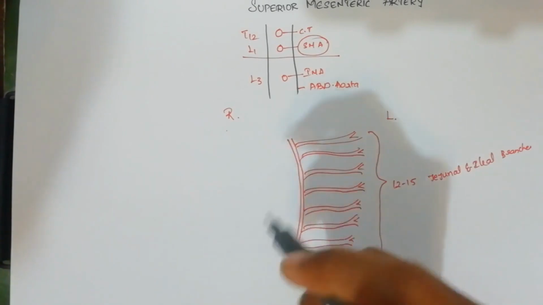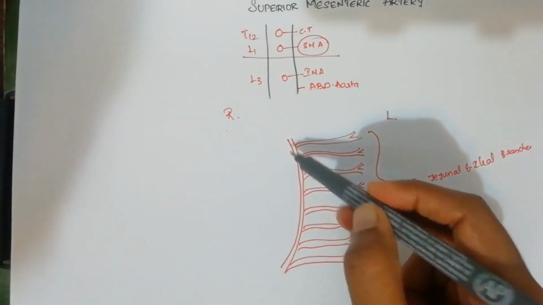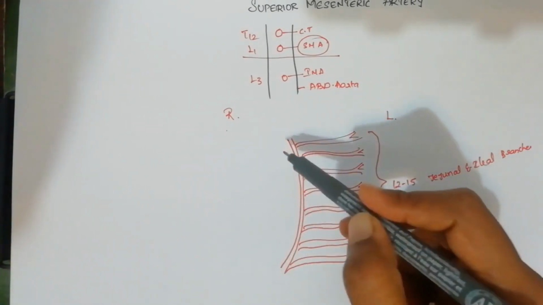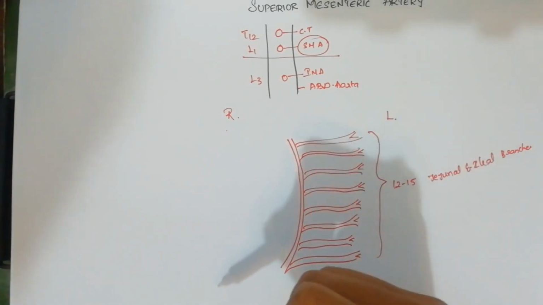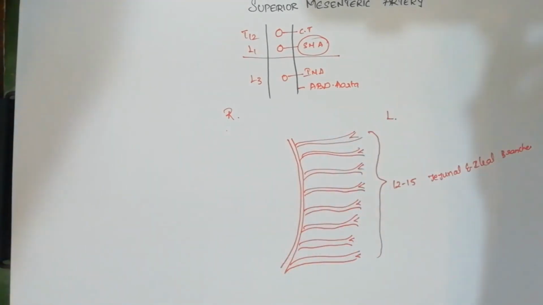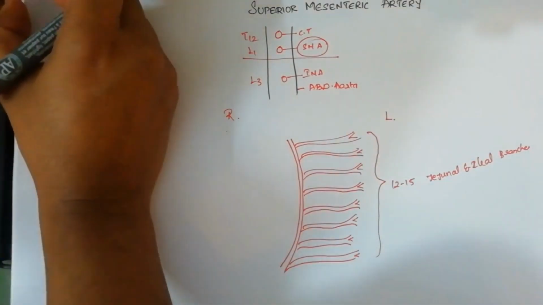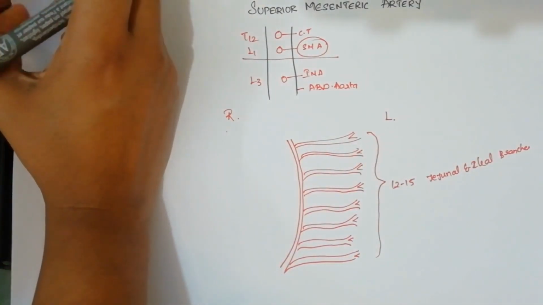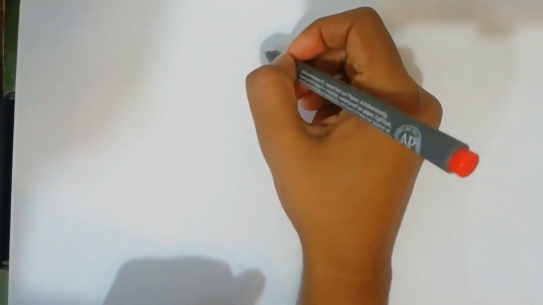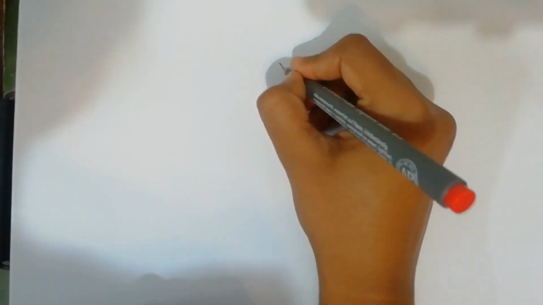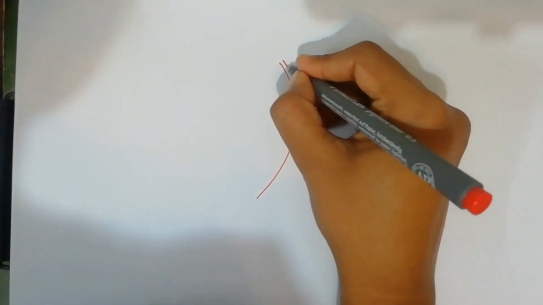So now we will move on to the other branches coming out from the right side part of superior mesenteric artery. So we have got superior mesenteric artery.